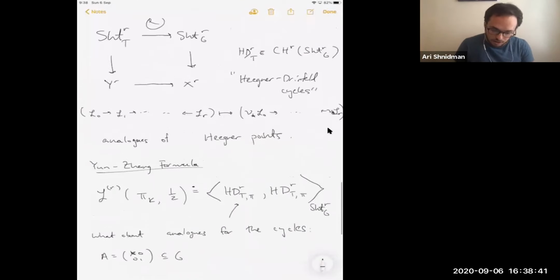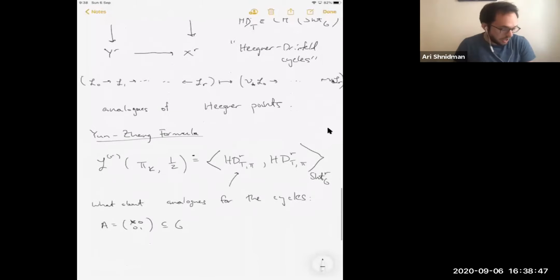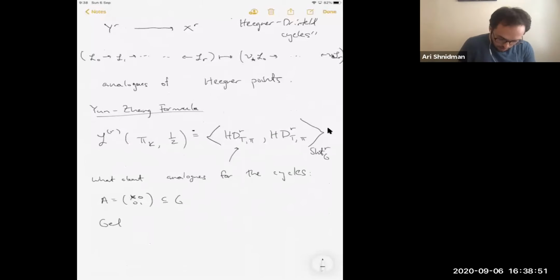And so instead of line bundles on a double cover, it corresponds to a pair of line bundles on X, Sht_A. By the same kind of construction, you get a Manin-Drinfeld cycle, also in the Chow group of Sht_G.